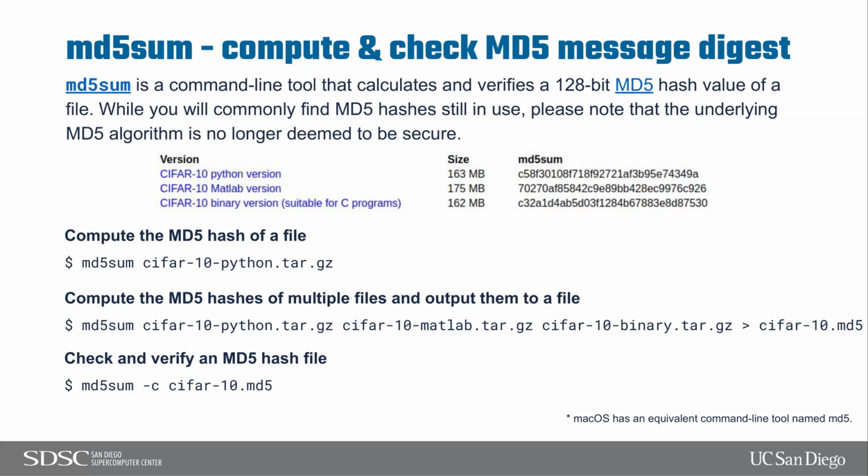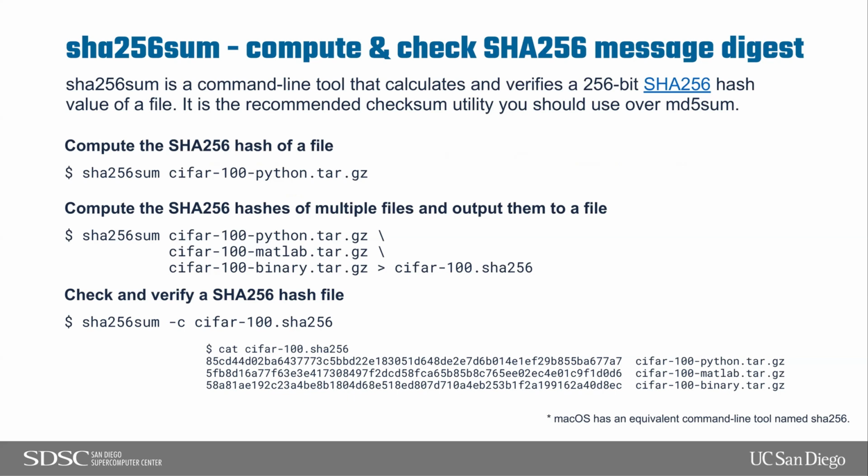Anyway, the one that is a little bit more expensive to compute is this SHA-256 checksum. But this is probably the second most common and the industry-recommended standard hash that you would usually publish.